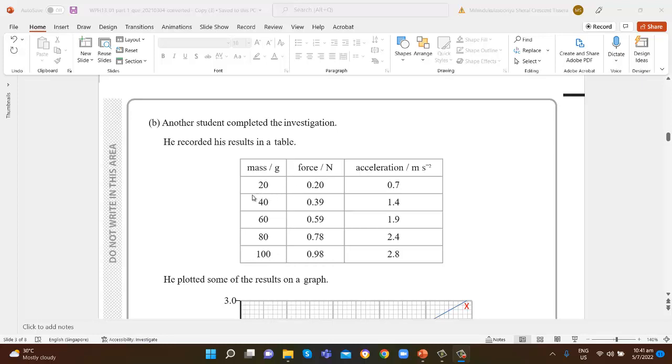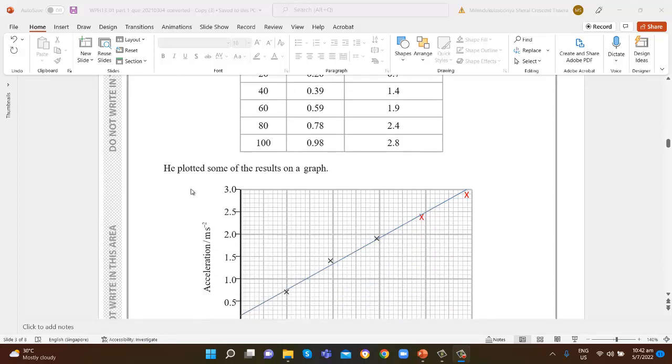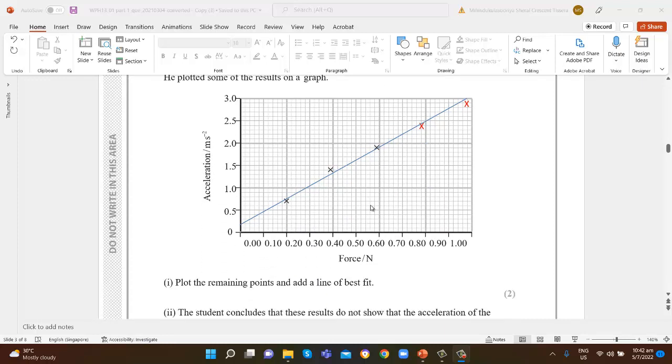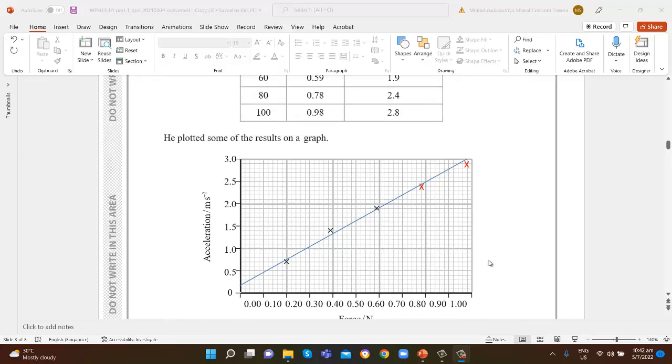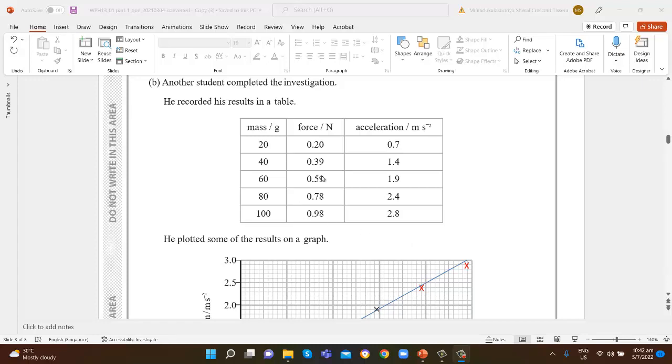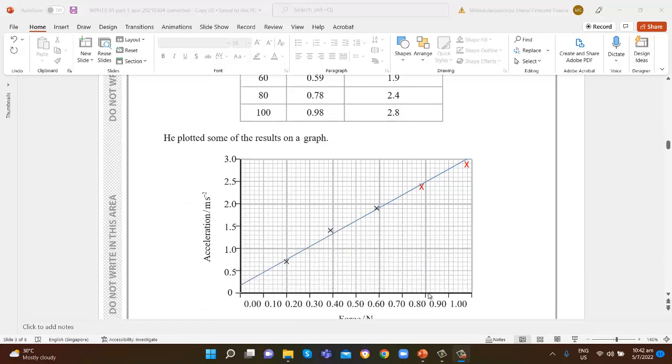Accordingly, he is measuring force and acceleration, and he plotted some of the results. The question is to plot the remaining points, because they want to find whether you know how to plot. They are giving 2 points. First of all, you should know the value of one small square in both axes, so you calculate. From 6 to 8, 0.2 divided into 10 parts.